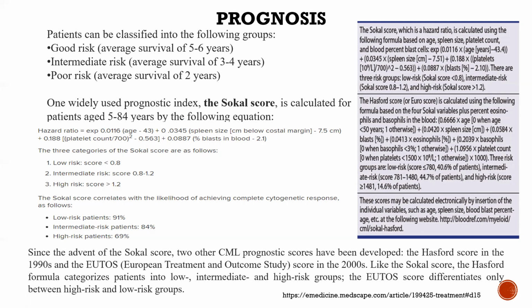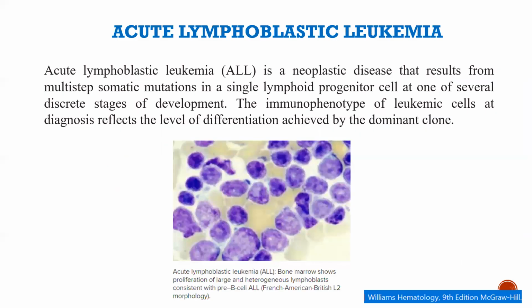Like Sokal scores, the Hasford formula characterizes patients into low, intermediate, and high groups after the calculation of the score, which is usually represented by the spleen size, platelet count, and number of blasts in the blood. And the EUTOS score differentiates only between high risk and low risk patients, but the calculation is similar to that presented by the Sokal score.